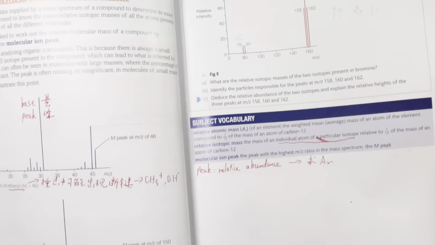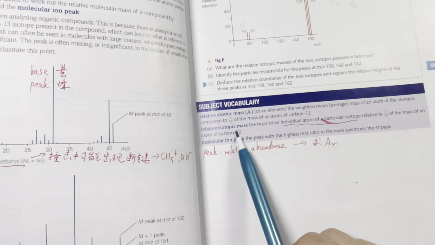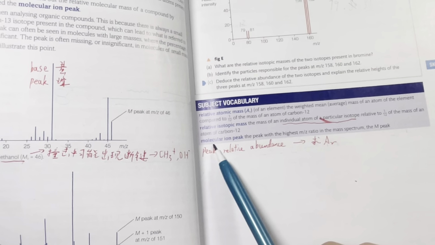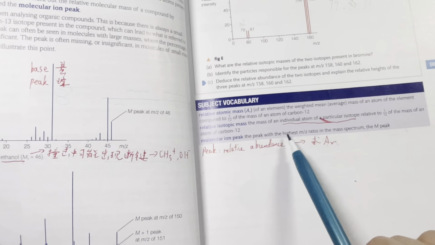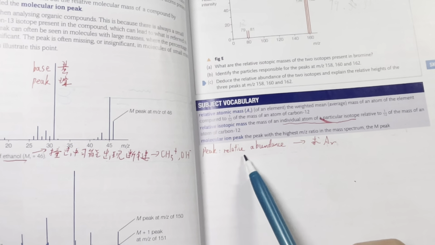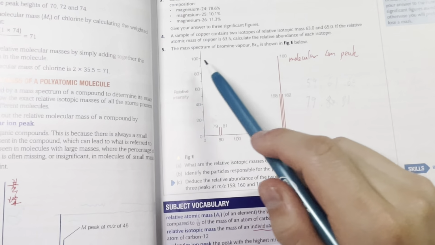Okay, here are 2 definitions you have to learn: relative isotopic mass and relative atomic mass. I told you before. The molecular ion peak is the peak with the highest m/z ratio in the mass spectrum. The peak with the highest relative abundance is 100.